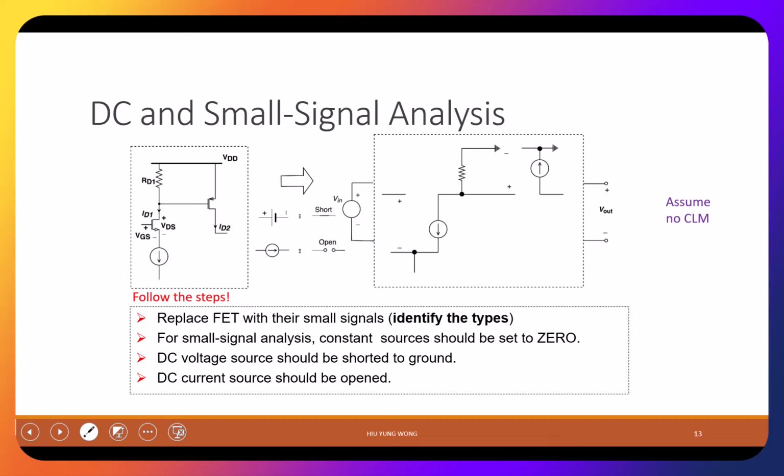The first thing, any constant voltage, you need to short it. Any constant current, you need to open it. Well, I already mentioned that. Anyone want to try to explain one more time? Why for a constant voltage point, I want to short it?